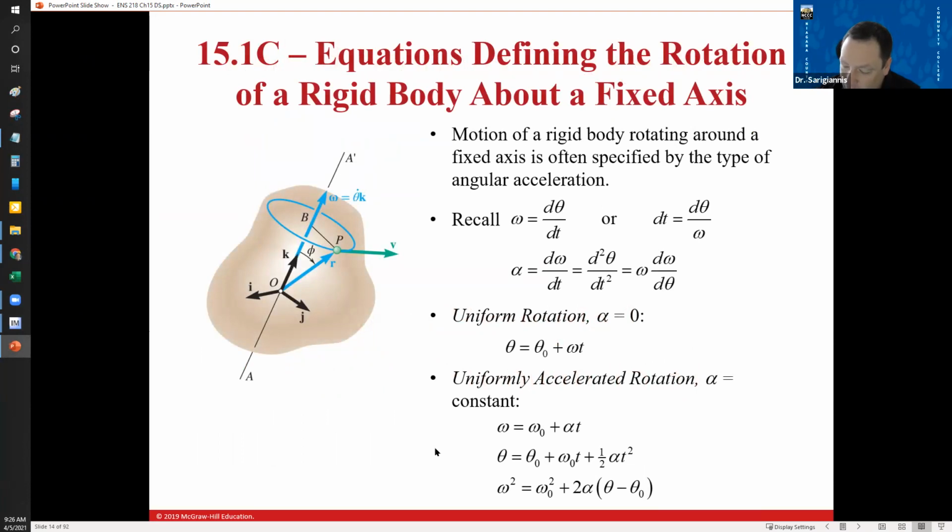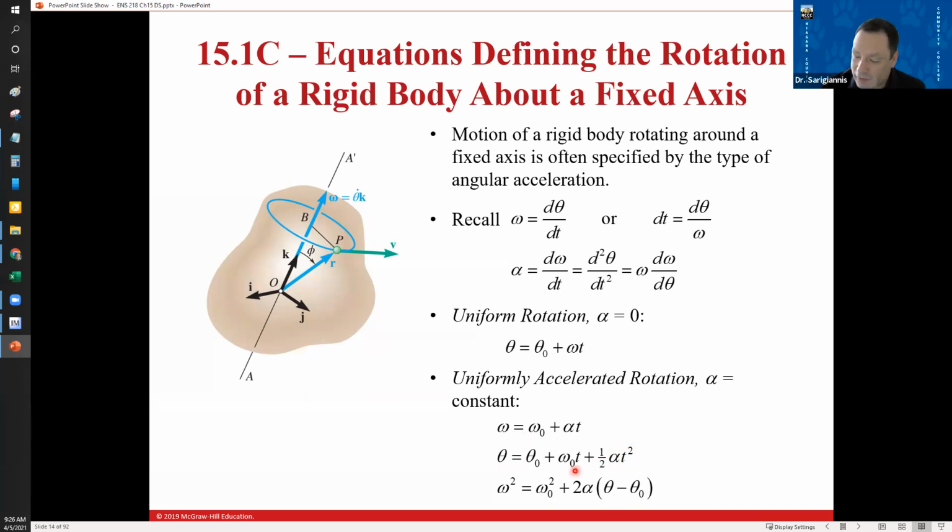We're going to wind up using the equations for uniform acceleration, right? We can use this equation to figure out what our angular velocity is going to be after a certain amount of time, given the initial angular velocity. And then we can also figure out theta from the acceleration and the time.